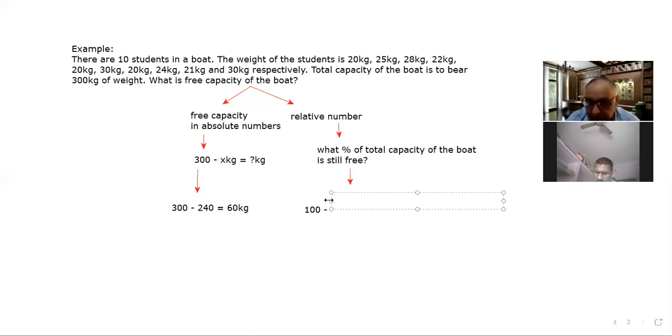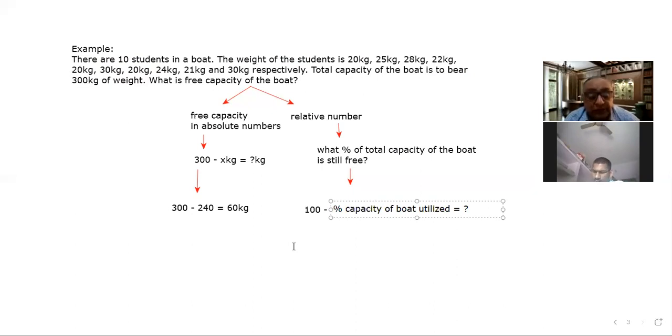So percentage capacity of boat utilized, and the remaining will be equal to the still free capacity or still available capacity of the boat, right?